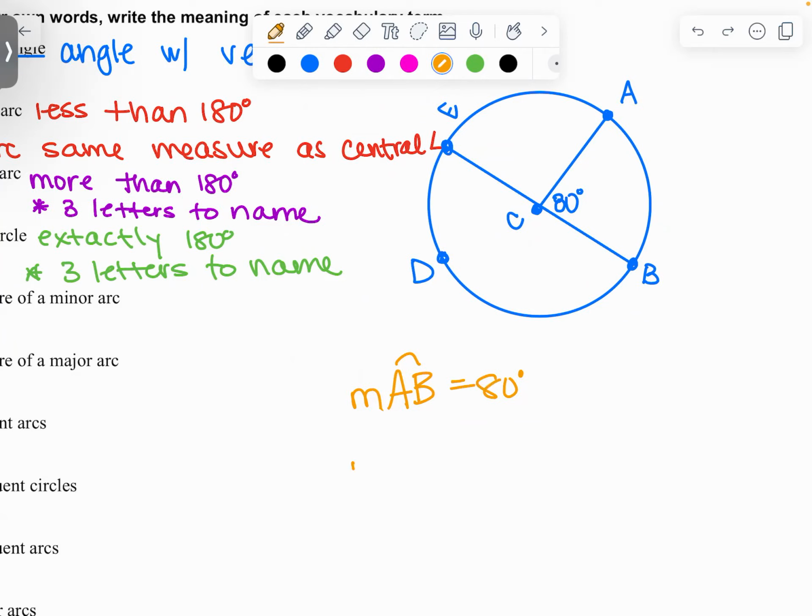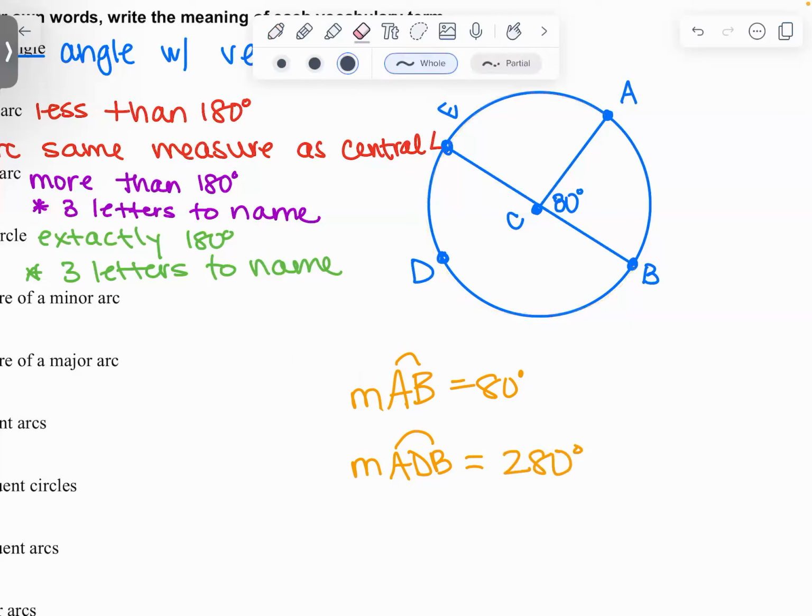What if I ask you for the measure of arc ADB? It's major. So follow the letters in the order. So A, here's D, here's B. 360 minus 80 would give us 280.